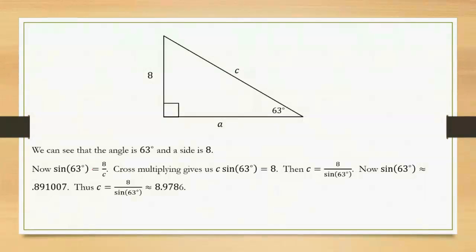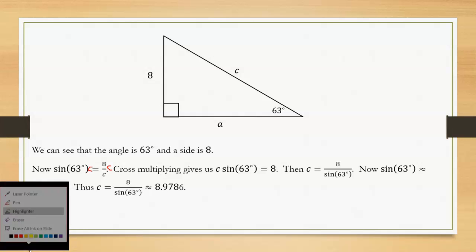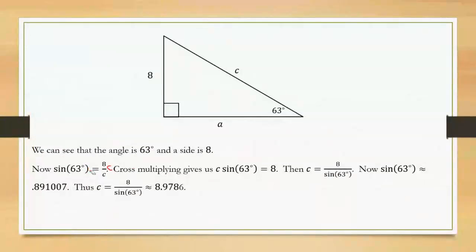So from here, we want to get C. We want to isolate and solve for C. So I'm going to multiply both sides by C. What I have there is technically right, but what I want to do is multiply it on the left, to be consistent.